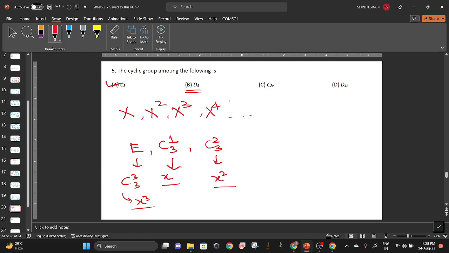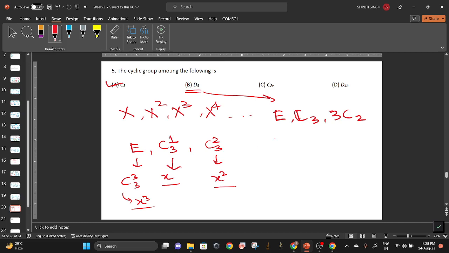Ma'am, but D3 may be cyclic, no? Let's see what elements it has: E, C3, and 3C2, perpendicular to C3. Yes, this is the D3 group.